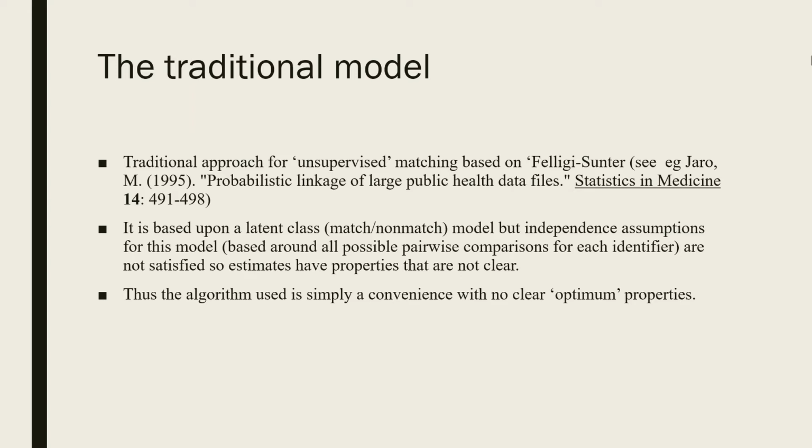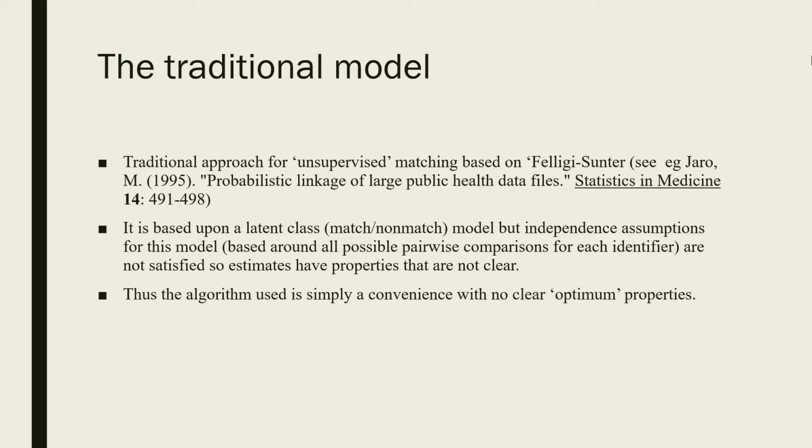In addition to James's point about the independence or lack of independence between the different identifiers like date of birth, location, street name, and so on, there is a more fundamental problem with the model. The statistical model that underlies this method is often known as a latent class model.